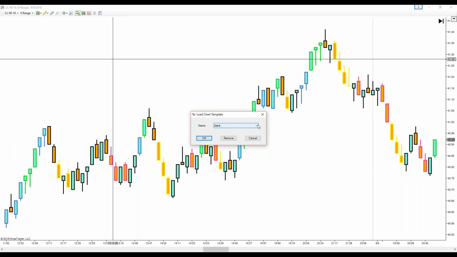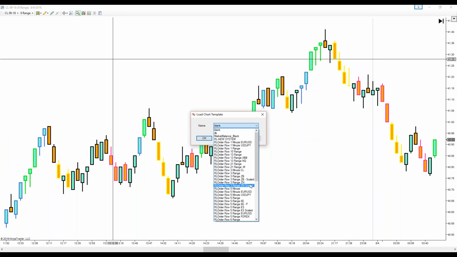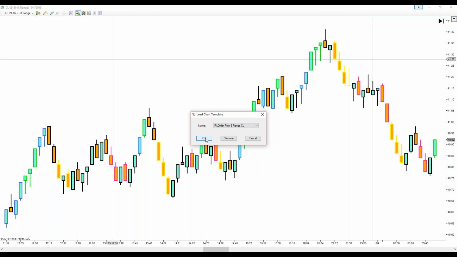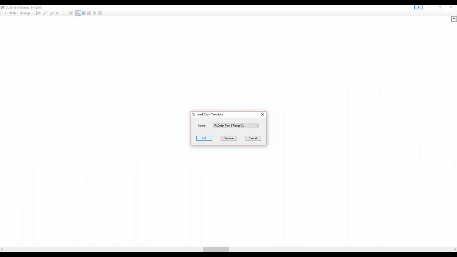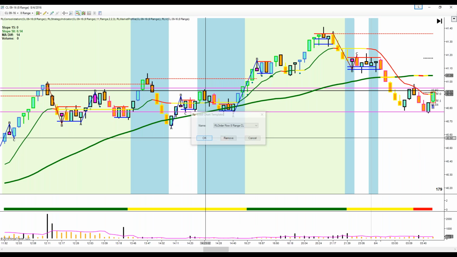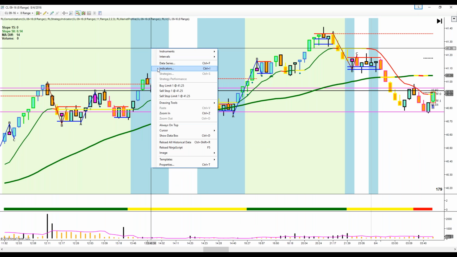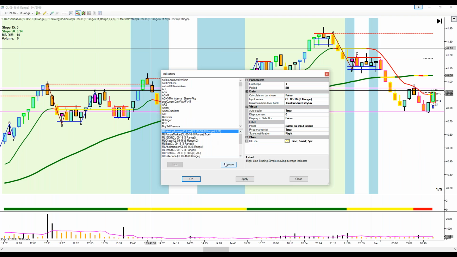Now let me just quickly, because I want to answer any questions, show you really quickly what the chart looks like with these four indicators in it all at the same time. Let me just load the template. And now let's remove the indicators that we're not looking at.